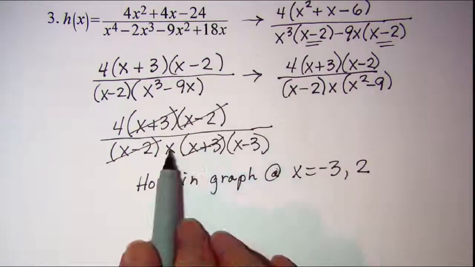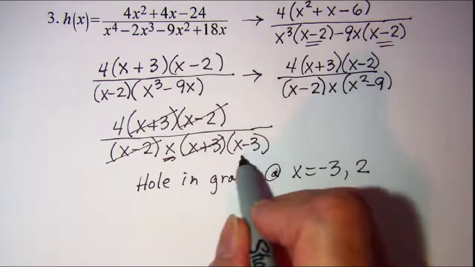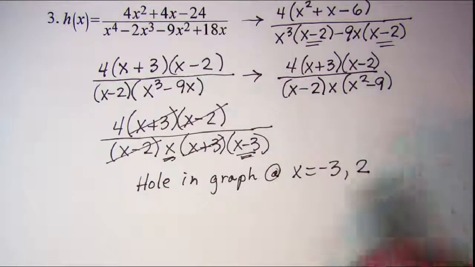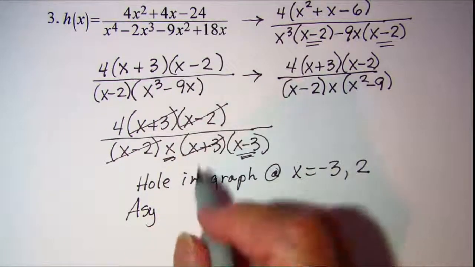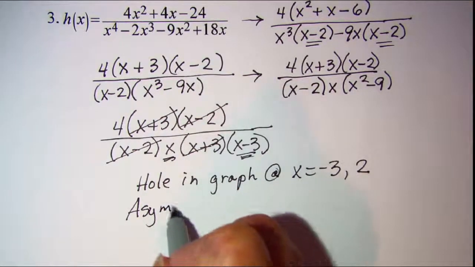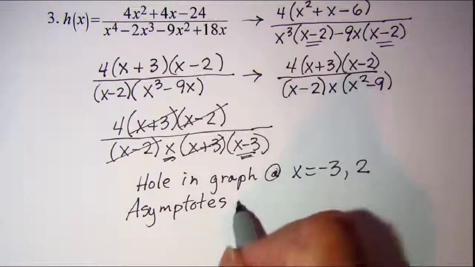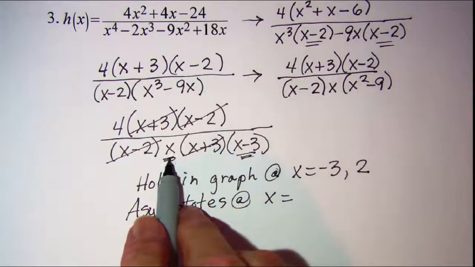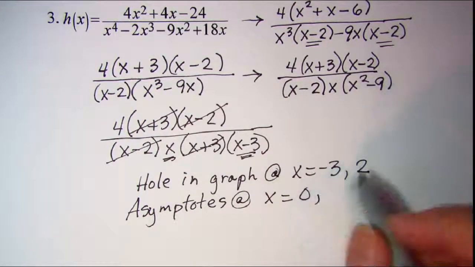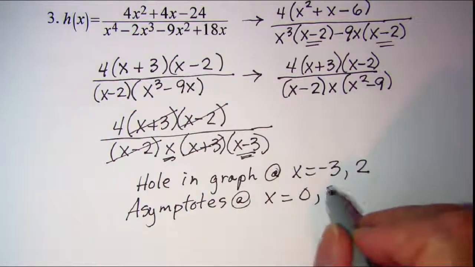The other two factors, x and x minus 3, those will be asymptotes because they are not removable. So this one would be at x equals 0, and this one would be at x equal positive 3.